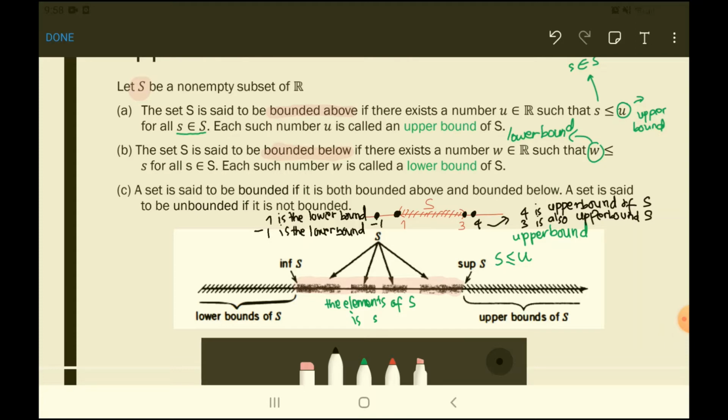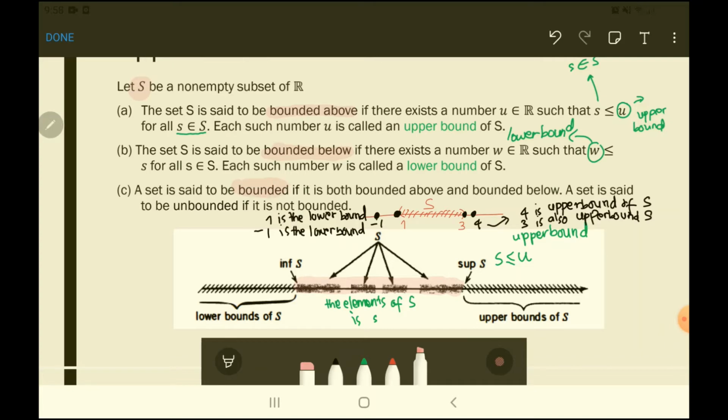So if a set has an upper bound, that means the set is bounded above. If the set has a lower bound, that set is bounded below. If the set is both bounded below and above, that means the set is called bounded. Just bounded.